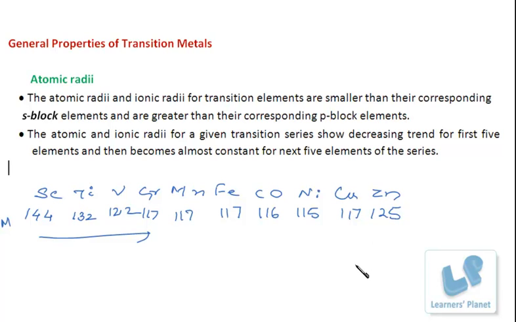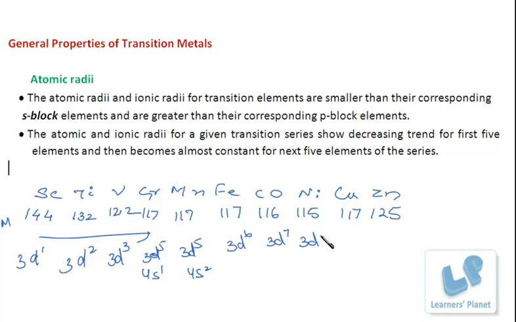What could be the probable reason? See students, what is happening here? The electrons are entering the d orbital. So we can say 3d1, then 3d2, 3d3, 3d5, 3d5 again with 4s1 and 4s2, 3d6, 3d7, 3d8, 3d10 4s1 and again 3d10 4s2.